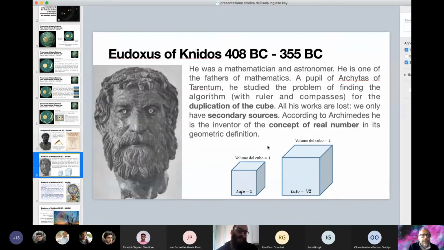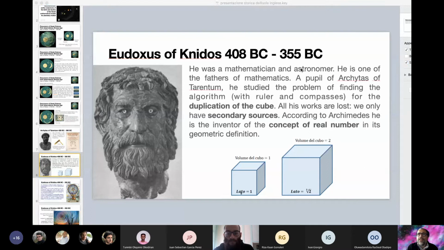A pupil of Archytas is Eudoxus of Knidos. He was a mathematician and an astronomer, and he is considered one of the fathers of mathematics.